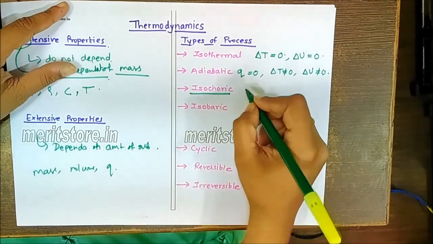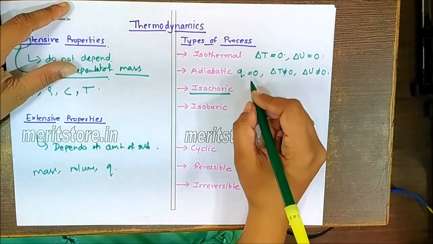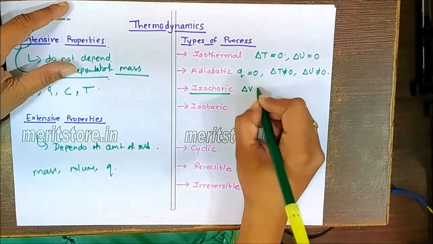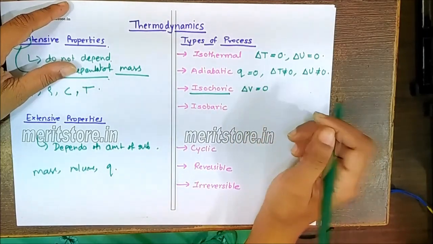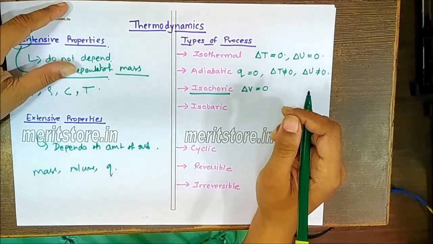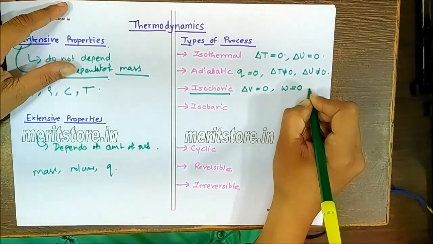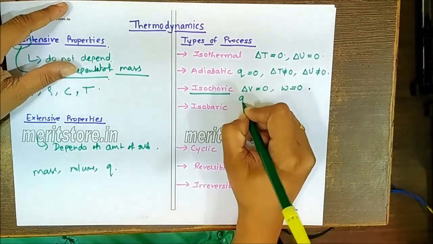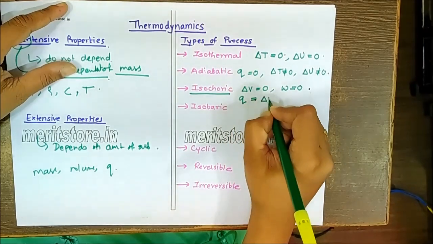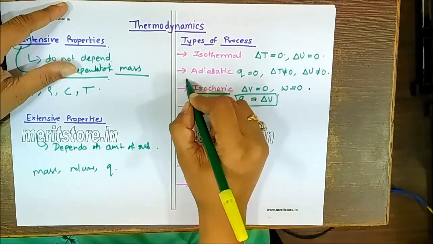In case of isochoric process, the volume remains constant, so delta V equals 0. We have a formula W equals P delta V, therefore W will also be equal to 0. And here the heat exchange is equal to the change in internal energy.